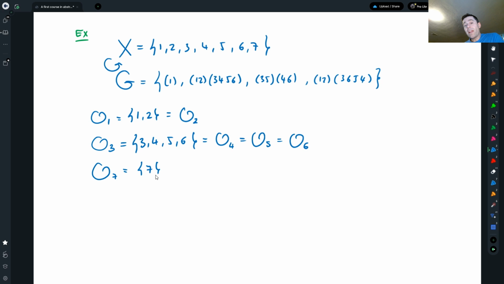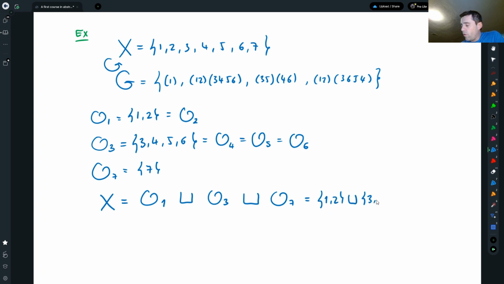So the class equation comes from the fact that the orbits, which remember we define using G-equivalence, are the equivalence classes under this G-equivalence. And we know that when you have an equivalence relation, you can break your set into disjoint equivalence classes. The same thing happens here. The orbit of 1 union the orbit of 3 union the orbit of 7 gives me a disjoint union of X into the subsets {1, 2}, {3, 4, 5, 6}, and {7}.